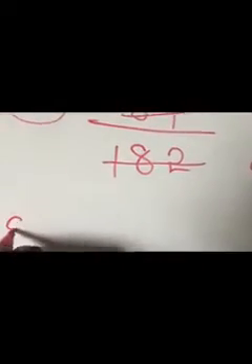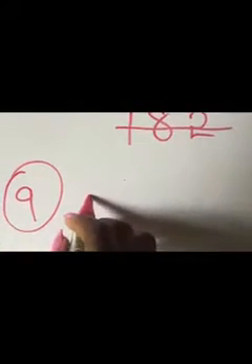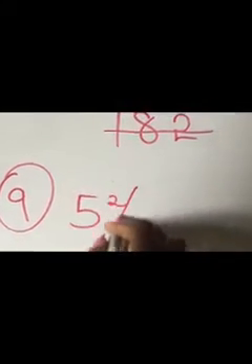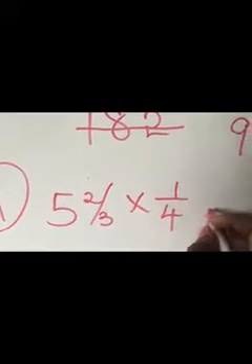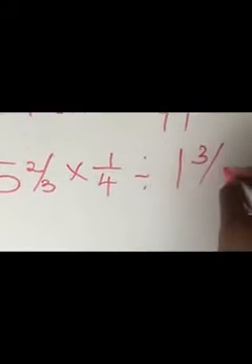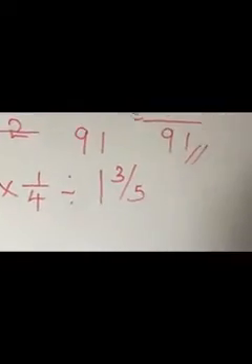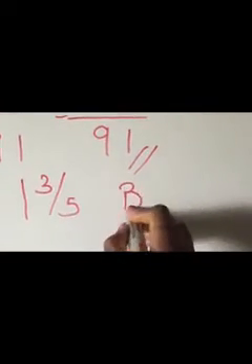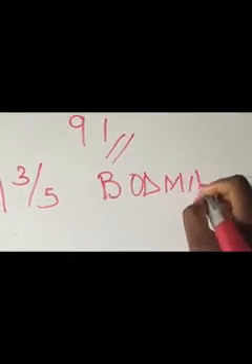Then we move to the next one, number 9. The question says, simplify 5 whole number 2 over 3 times 1 over 4 divided by 1 whole number 3 over 5. So have you heard of the term BODMAS? BODMAS.